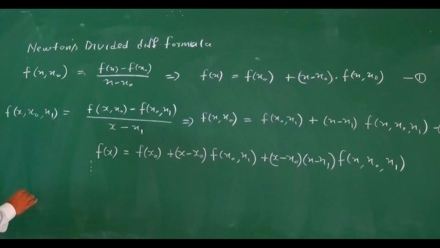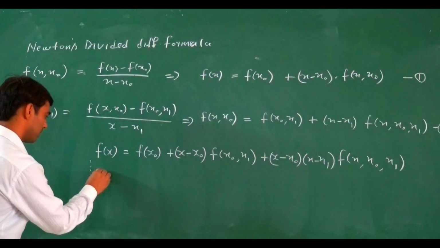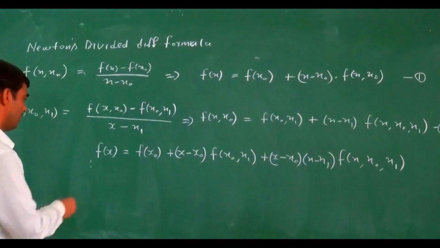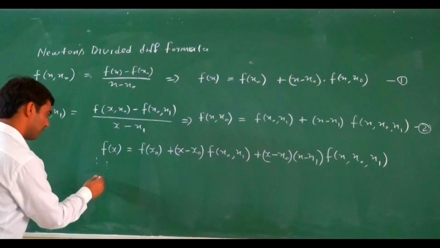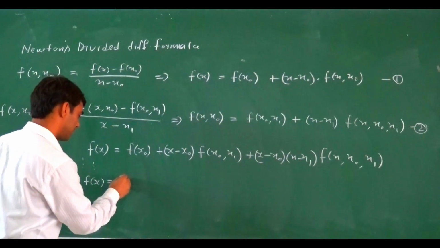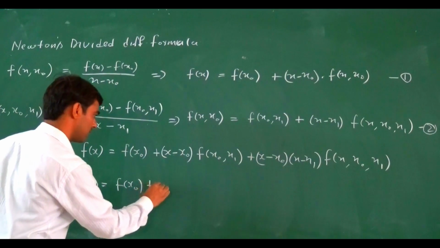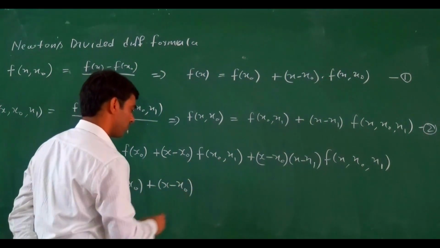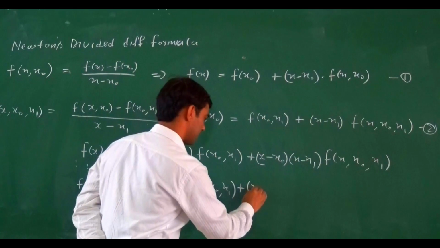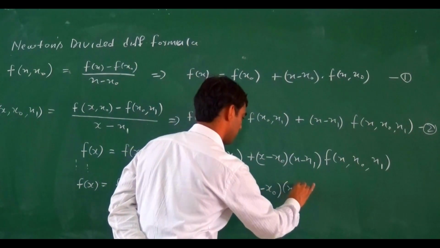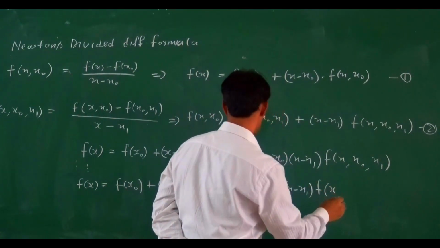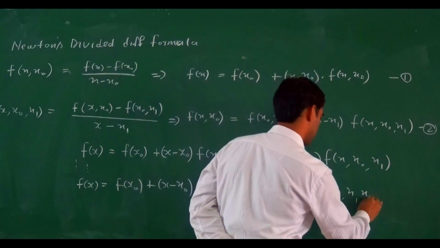If we start to write from here, f of x equals, for n plus 1 arguments, f of x0 plus x minus x0 first order divided difference f of x0, x1, plus x minus x0 x minus x1 f of x0, x1, x2.